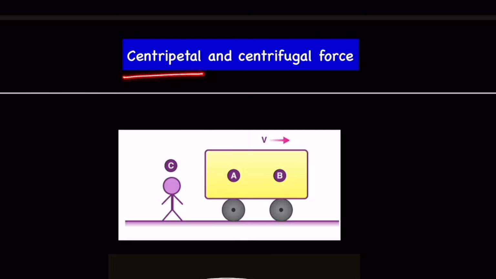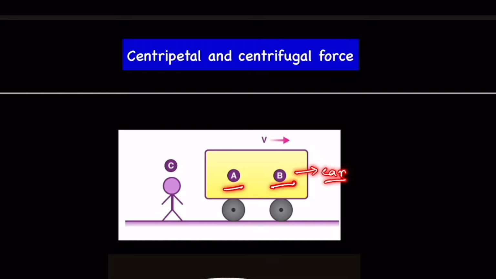In centripetal and centrifugal force, I will first explain with a simple example what is the difference between centripetal and centrifugal force. Here you see a figure with a car, and inside the car two persons A and B are present, and the car moves with a speed of v.